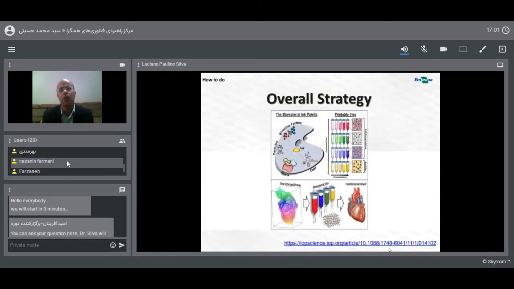And overall, these strategies related to biofabrication include the first production of some biomaterial that is the ink of this process. These inks could be bioprintable, following the steps related to the production of a functional construct.